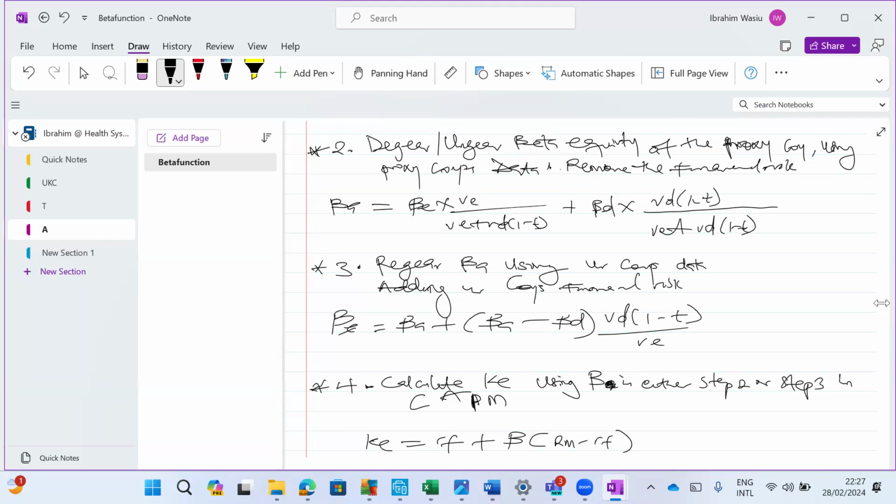There's a point where you are going to do only step 1 and step 4. For example, if the beta asset is given in the question and you don't want to use debt, then just do step 1 and step 4.